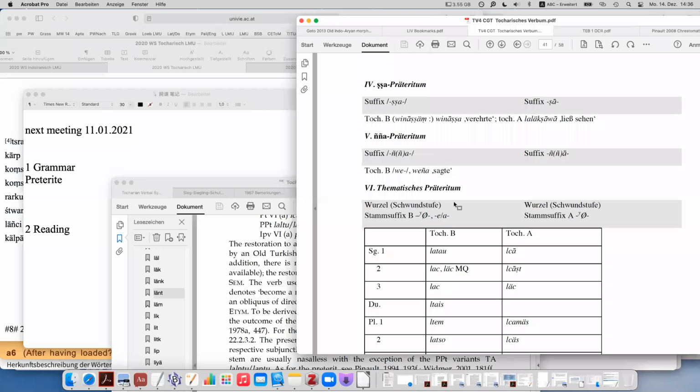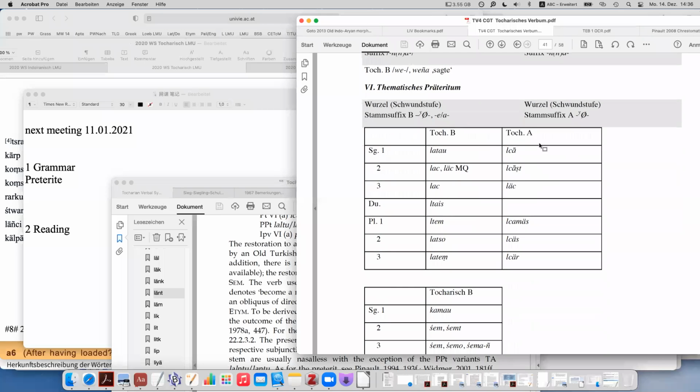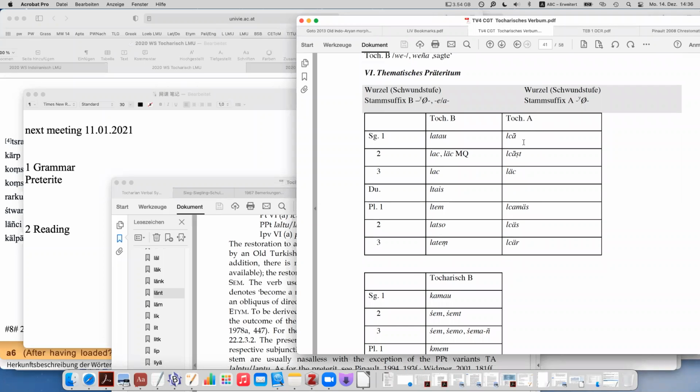But this form, this preterite, lech or lent, is pretty productive. I mean, it's frequently used in the text. We will find it later. You always find this root.